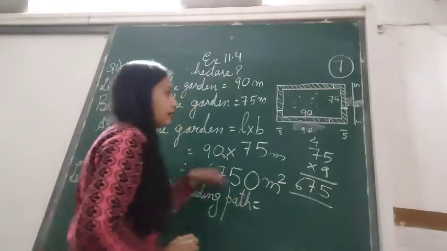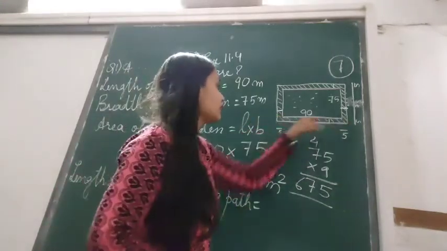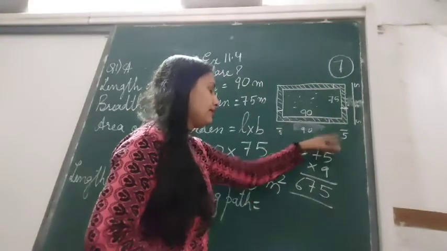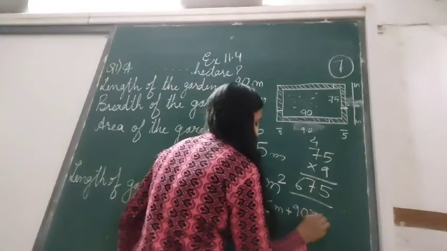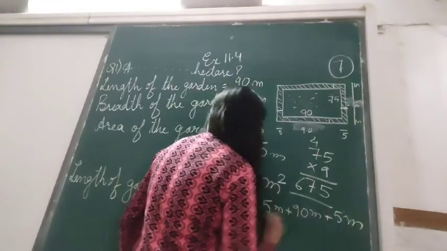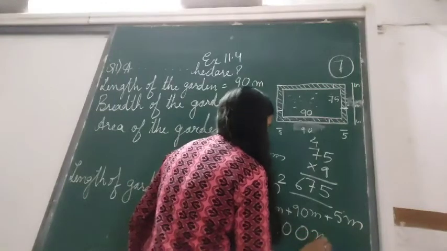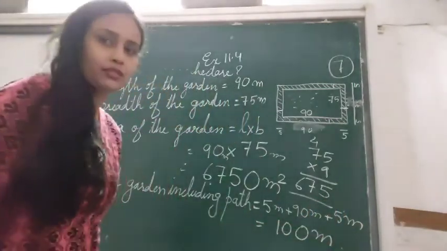So the length of the garden including path is 5 plus 90 plus 5, which is equal to 100 meters.